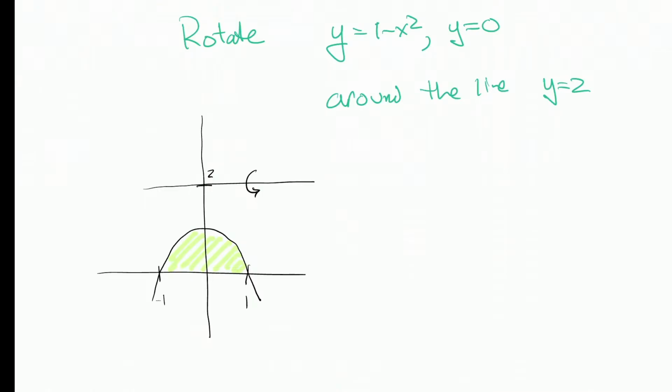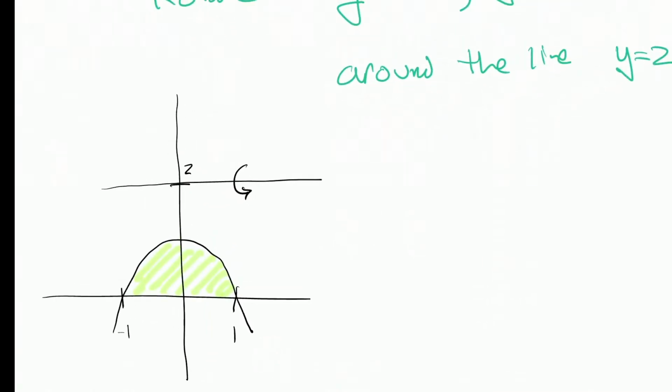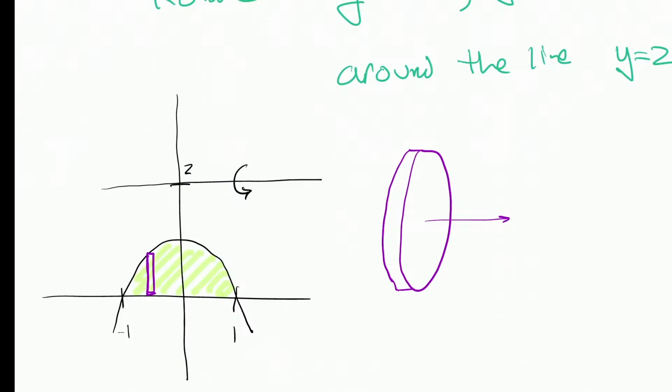So bear with me. We're going to put a rectangle in here, and then imagine rotating that rectangle around that line. Here's sort of the line there. And it has a hole in it.